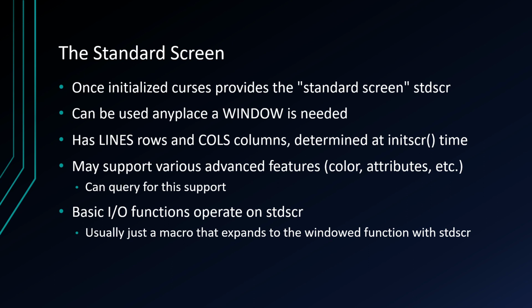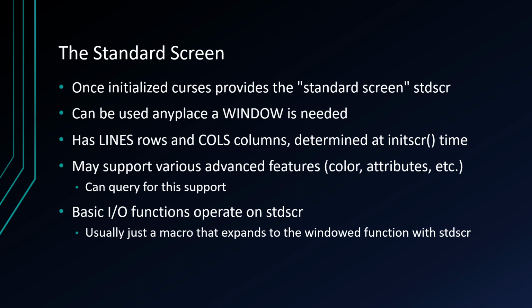And when you initialize curses, in a Unix environment, it looks at the TERM variable and uses that to look up all the entries in the termcap database, and the termcap database says how many physical lines and columns are on the screen, and that's used to populate LINES and COLS.